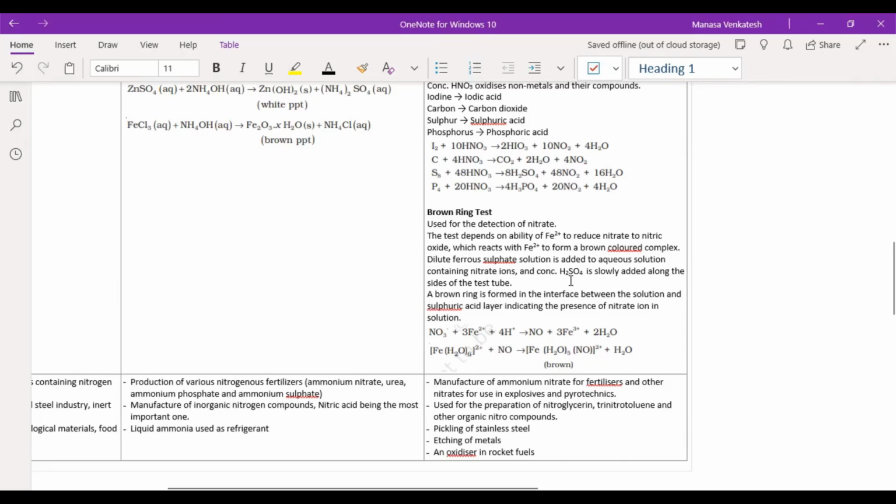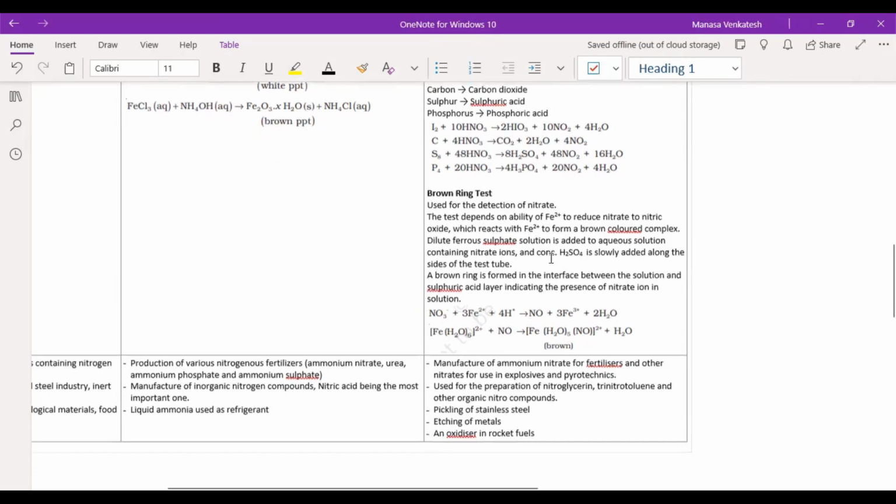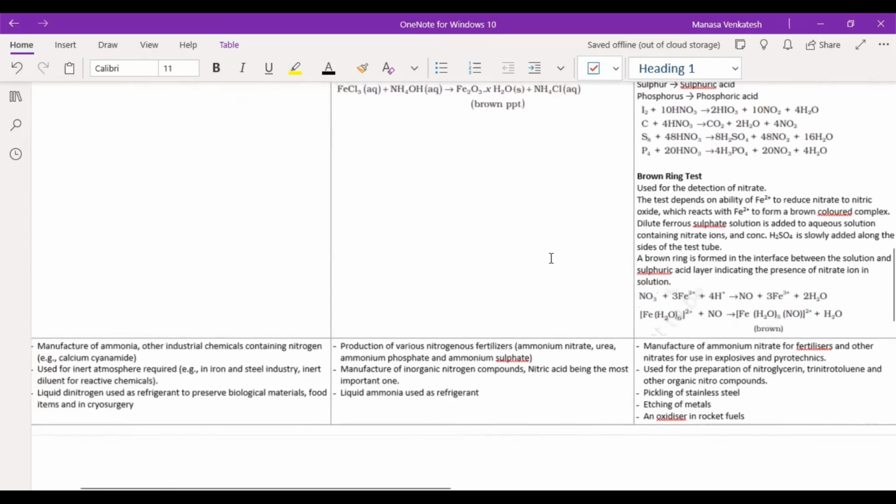A brown ring is formed at the intersection between these two, and this shows the presence of nitrate ion. This is because Fe+2 can reduce nitrate to nitric oxide, and this in turn leads to the formation of a brown colored complex with Fe+2. That is what is observed in the brown ring test.